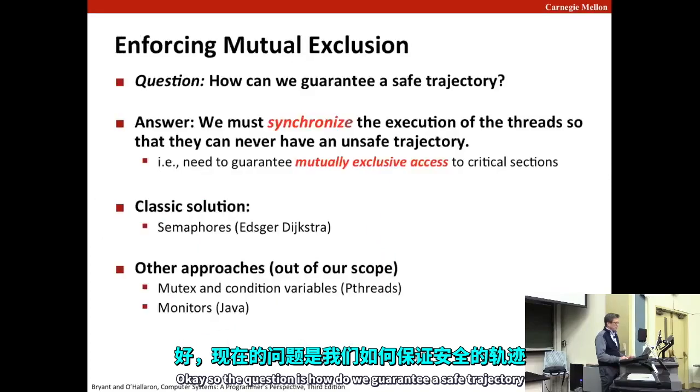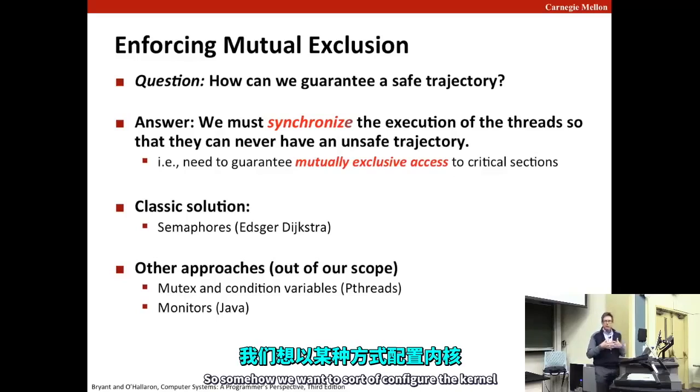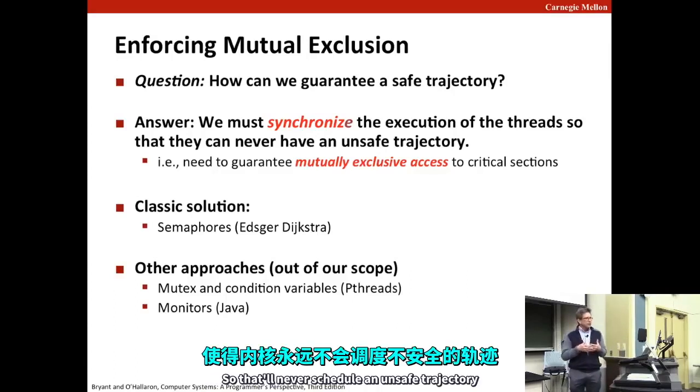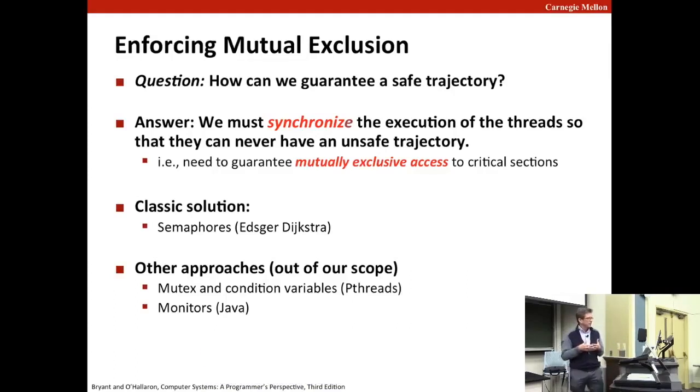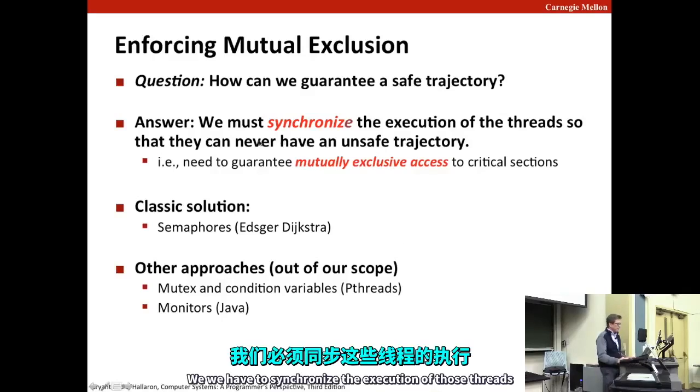Okay, so the question is, how do we guarantee a safe trajectory? This is what we call synchronization. Somehow we want to configure the kernel so that it'll never schedule an unsafe trajectory. So how do we do that? Somehow we have to synchronize the execution of those threads.